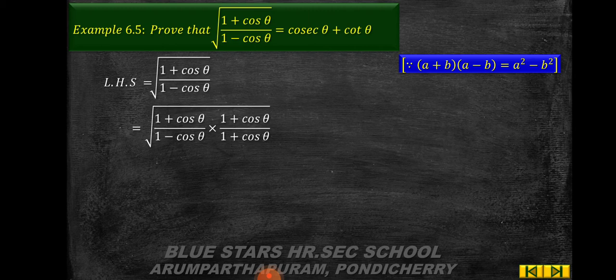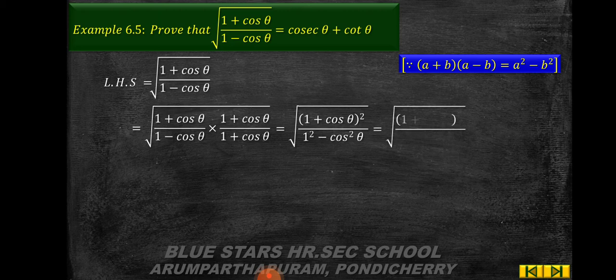We know the formula, so apply it in the denominator. This is equal to root of 1 plus cos theta into 1 plus cos theta, which becomes (1 plus cos theta) the whole square, divided by 1 square minus cos square theta, which is root of (1 plus cos theta) the whole square divided by 1 minus cos square theta.